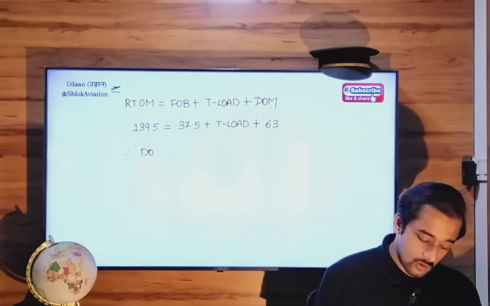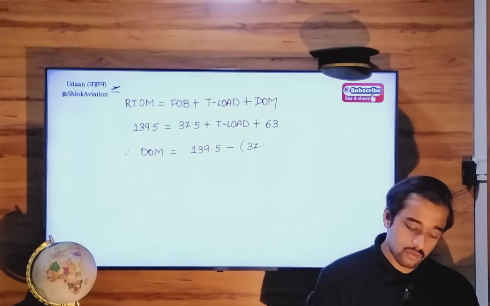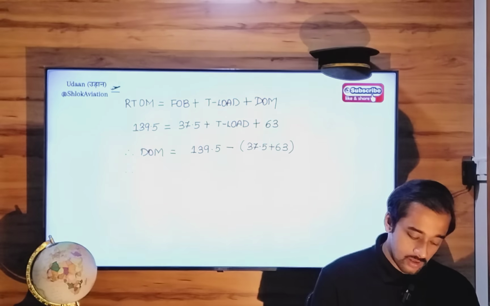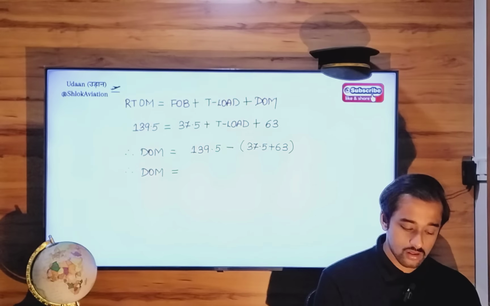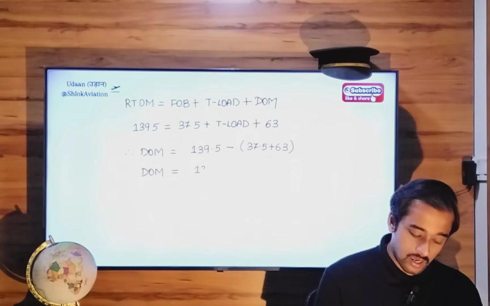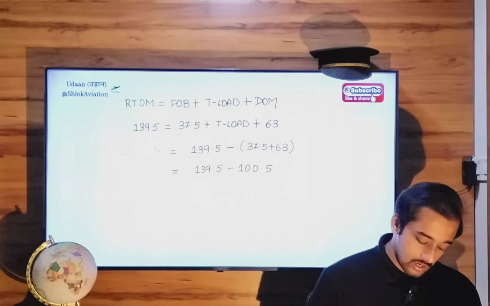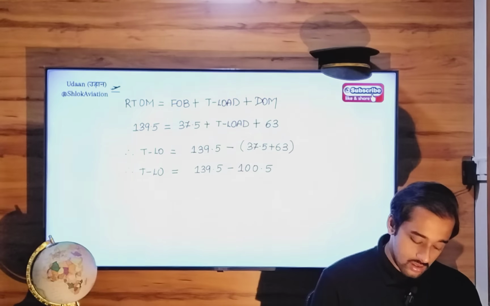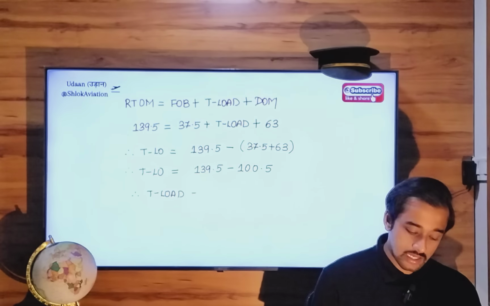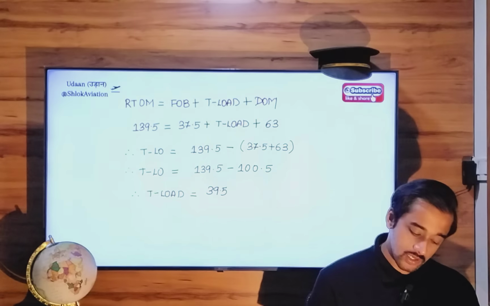Therefore traffic load will be equal to 139.5 minus 37.5 plus 63, which is 139.5 minus 100.5, which is 39.5 or 39,500.